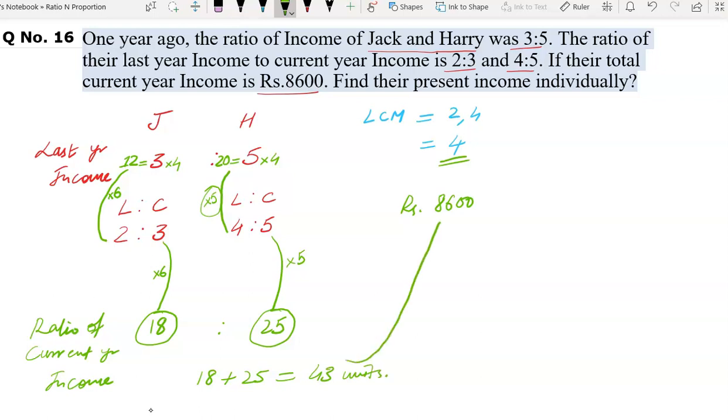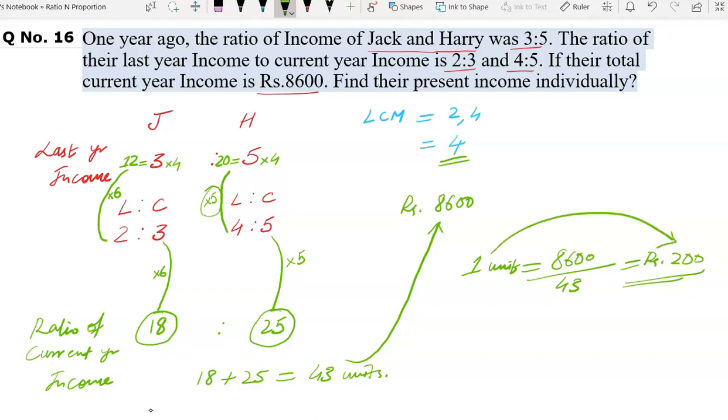So 43 units represent how much? 8600. So 1 unit will represent how much? 8600 divided by 43, which is rupees 200. So 1 unit represents rupees 200, and we need to find their present income individually. So Harry's current income is 25 units. So 25 into 200 will give us how much?